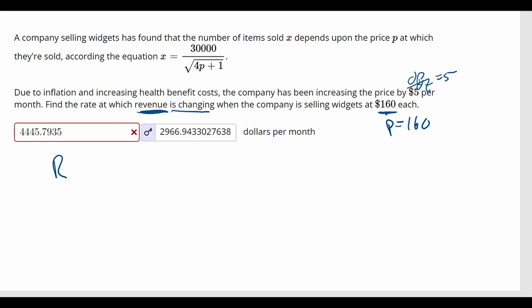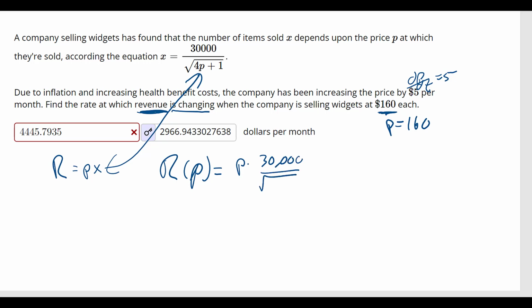So revenue is going to be the price times the number we sell. And we have a function here that can replace the X. So making revenue a function of just P equals P times 30,000 divided by the square root of 4P plus 1, or 30,000 P over 4P plus 1 to the 1/2.